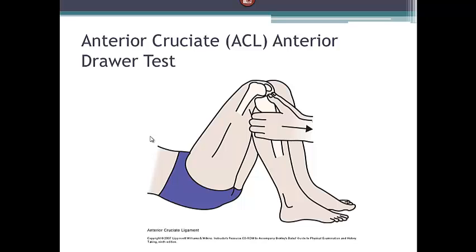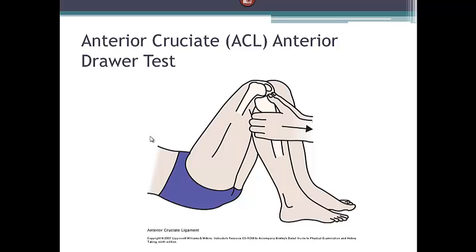Now let's talk about the ACL or the cruciate ligaments, and the most important test to remember is called the drawer test. The drawer test is used to test for rupture of the cruciate ligaments, and the anterior cruciate. The patient lies flat in bed, with the knees flexed at 90 degrees.